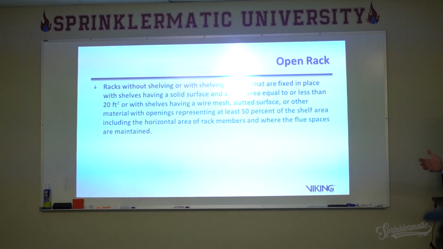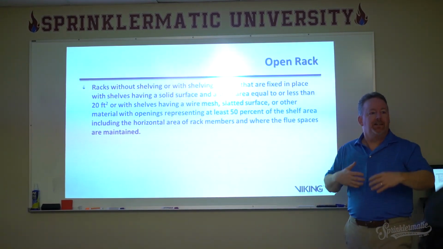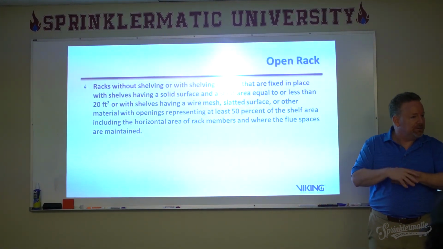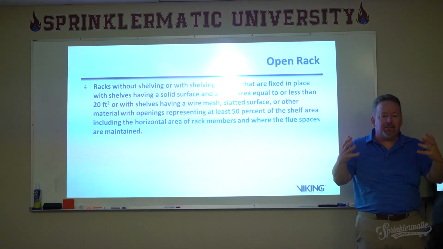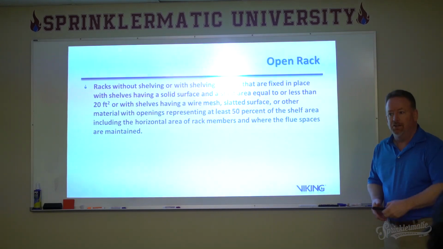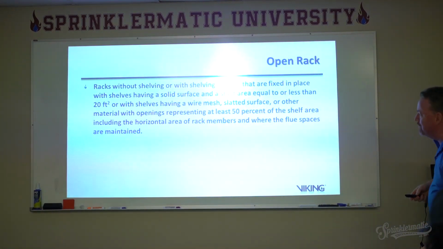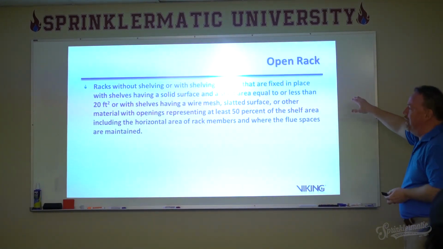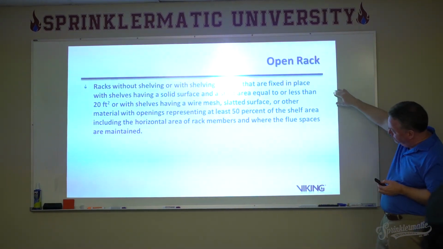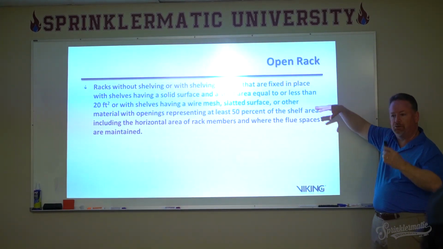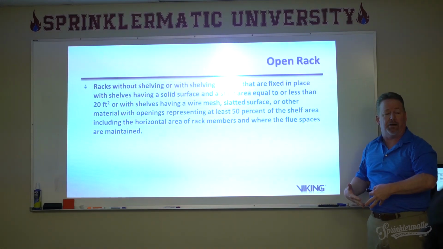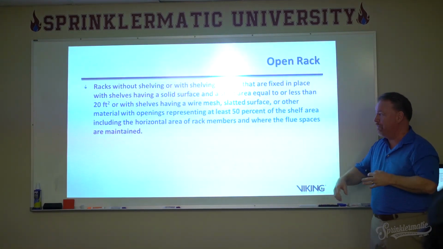Now, within these racks themselves are special definitions too. All right? As we're looking at the rack, is it an open rack, or does it have solid shelves on it? So it's racks without shelving, or this is an open rack. We want to make sure that with an open rack we can have the most amount of water coming down through.